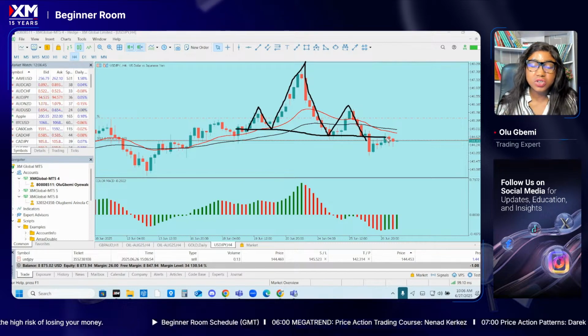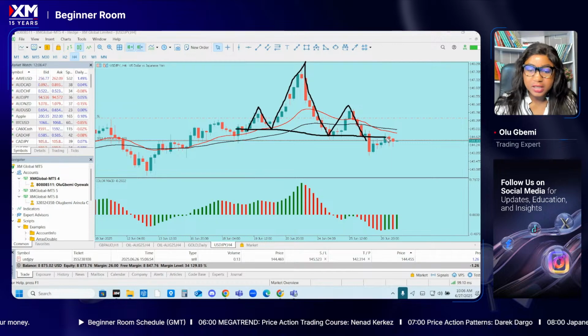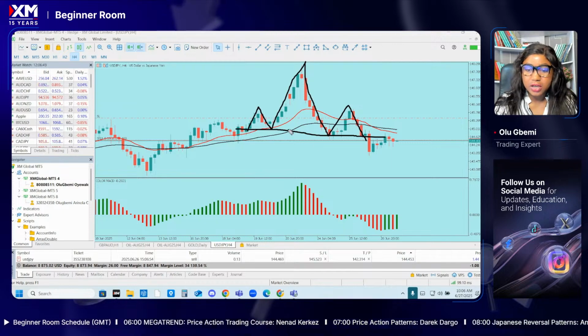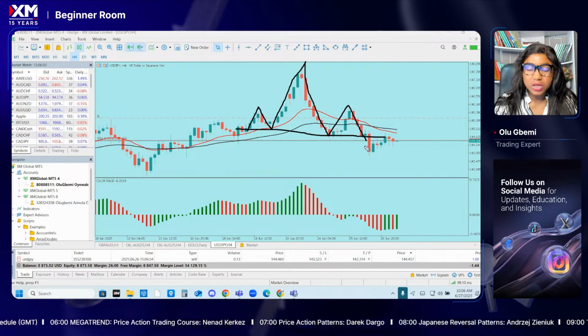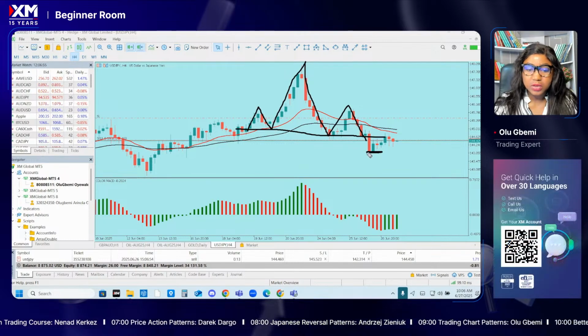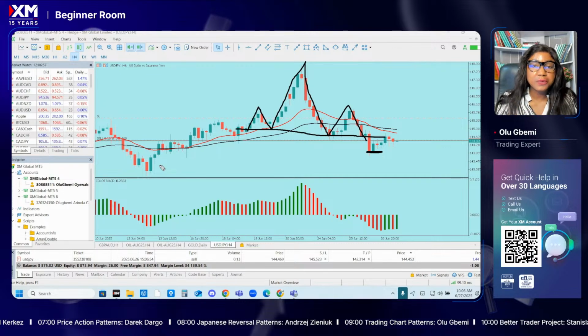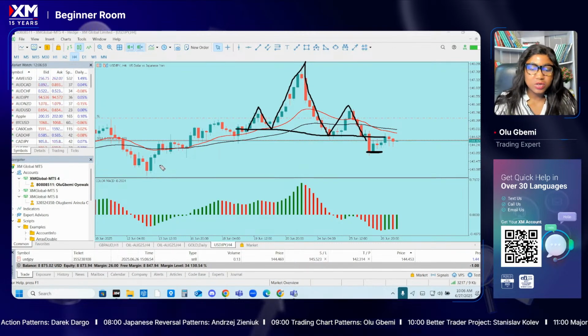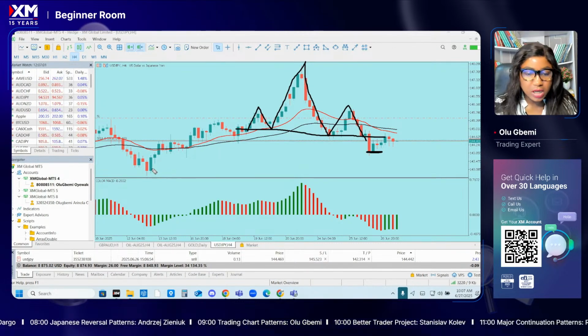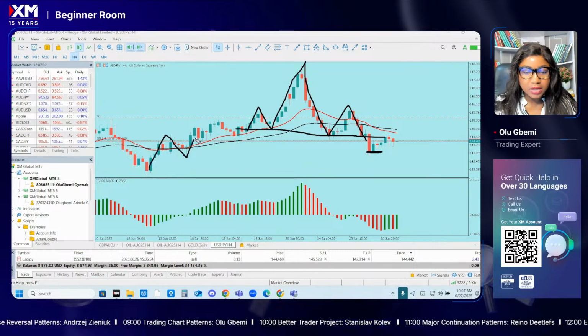So when I see such patterns, I just pay attention to the neckline area to see a breakout below that area. What does that give me? A lower low. Now, in an uptrend, I want to see a series of higher highs and higher lows, and that's what was happening at this point when the price was still in an uptrend.